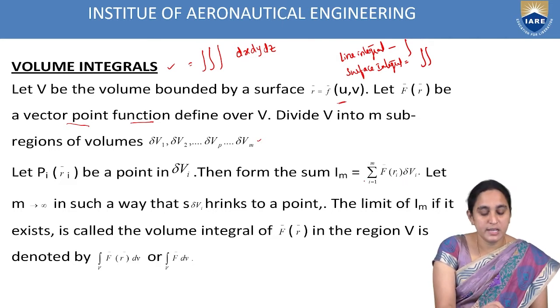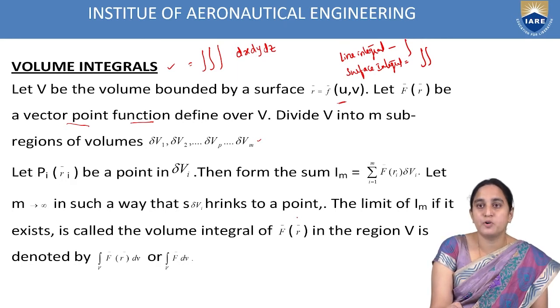Let m tend to infinity in such a way that each delta Vi shrinks to a point. The limit of Im, if it exists, is called the volume integral of F bar of R in the region V, denoted by integral over V of F bar of R dV, or integral over V of F bar dV.